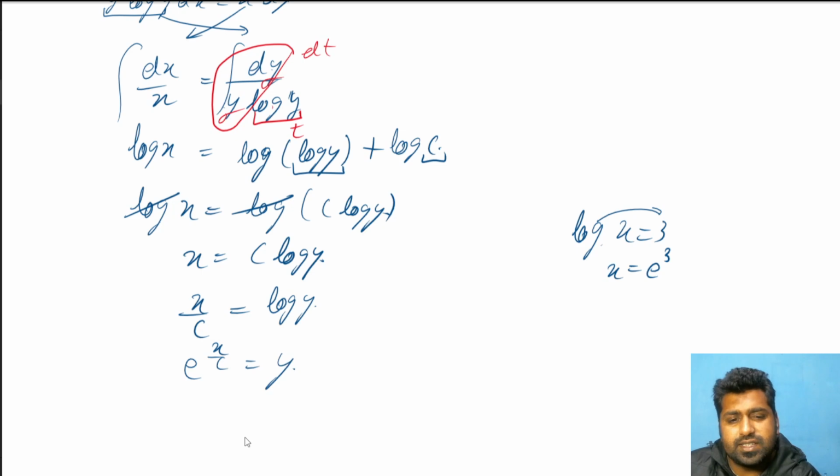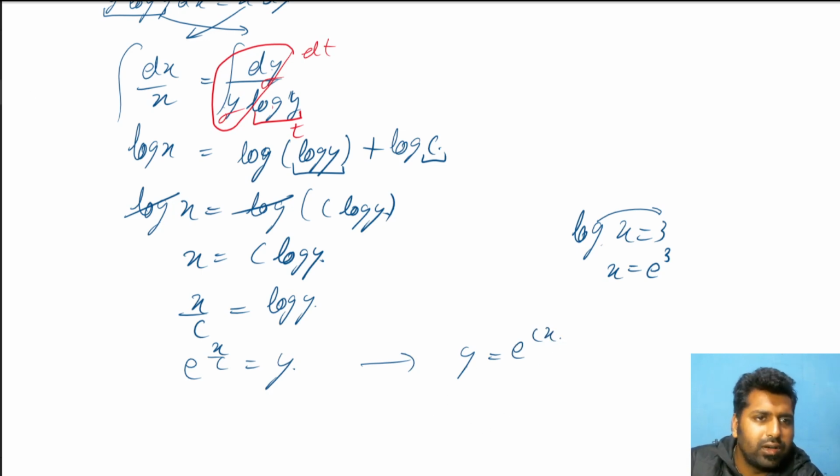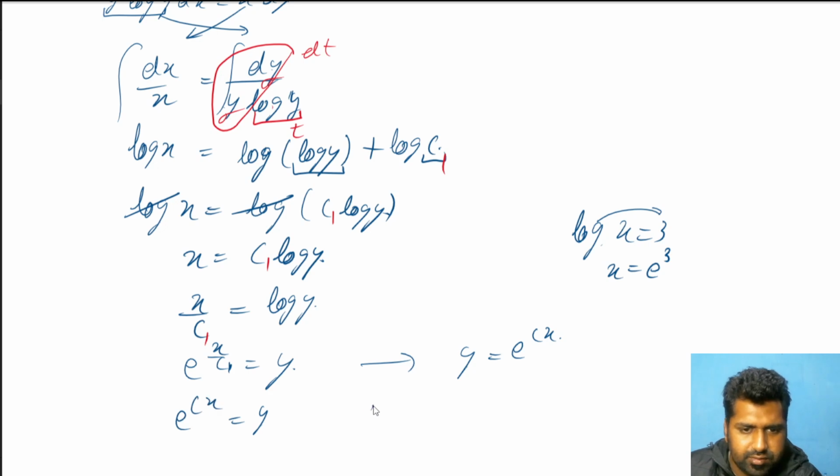There is a good chance that the option would have been written like y is equal to e raised to power cx. Now why is that? If you call this c1, you can say that y is e raised to power cx, where c is 1 by c1.